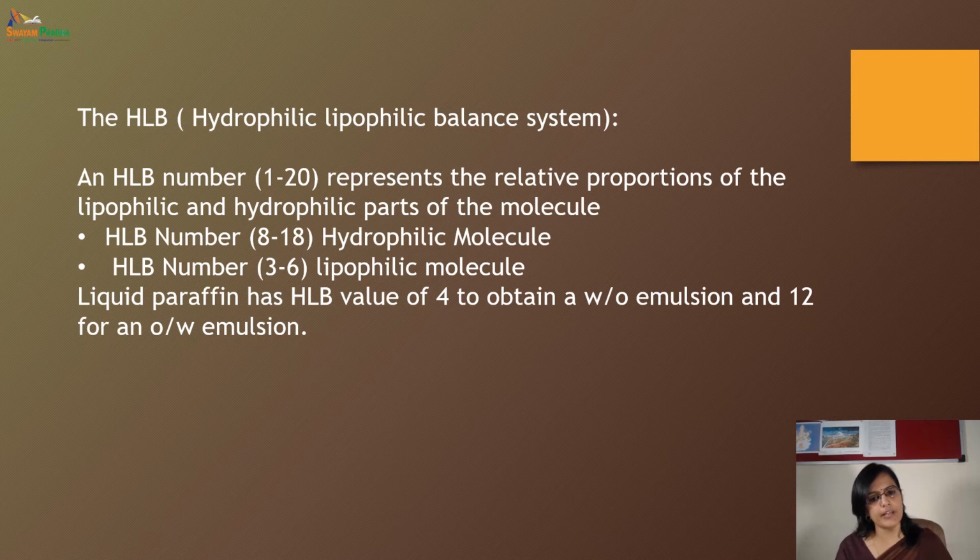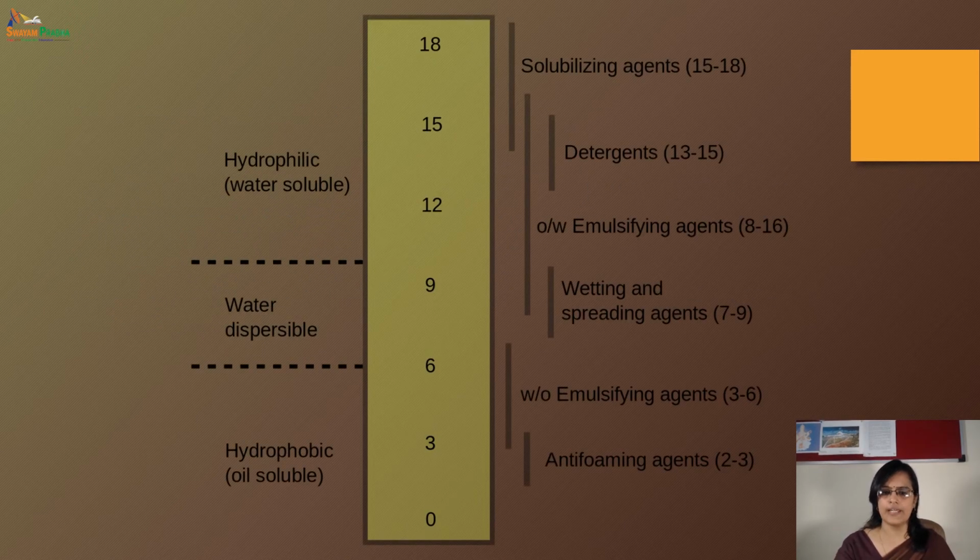Liquid paraffin has an HLB value of 4 to obtain a water in oil emulsion, and 12 for an oil in water emulsion. So here in this slide you can see the HLB values of different types of emulsifying agents.